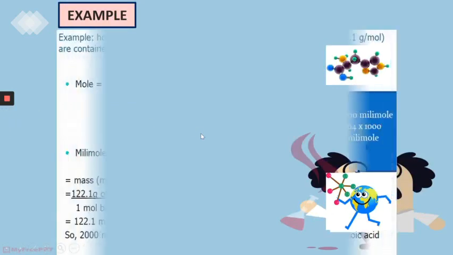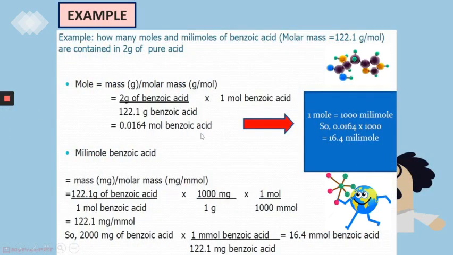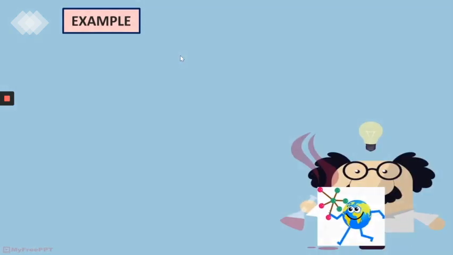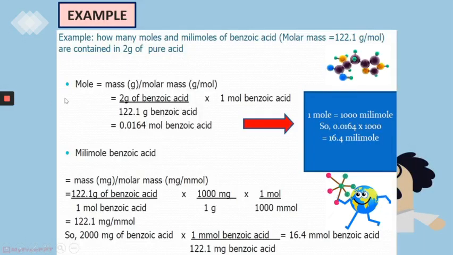Look at the example. How many mole and millimoles of benzoic acid are contained in 2 grams of pure acid? According to the formula, to determine number of mole, it is mass over molar mass.